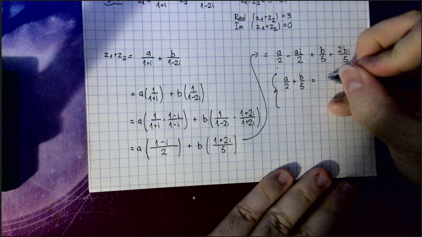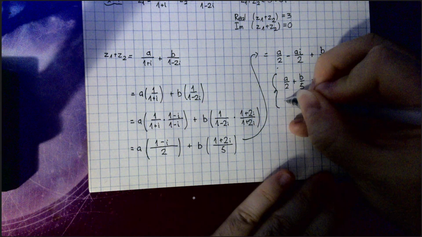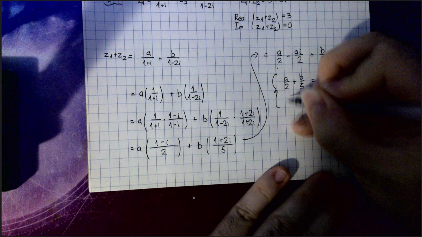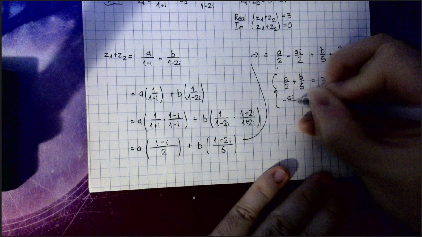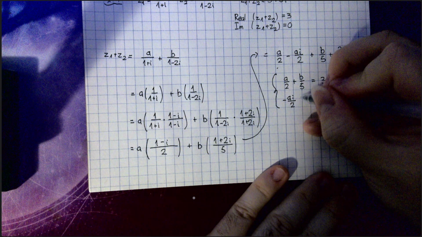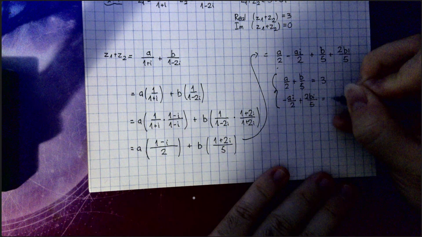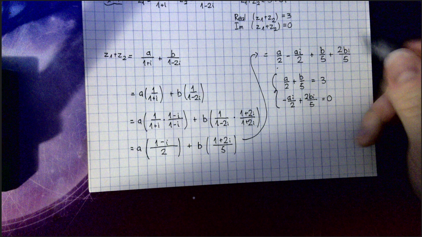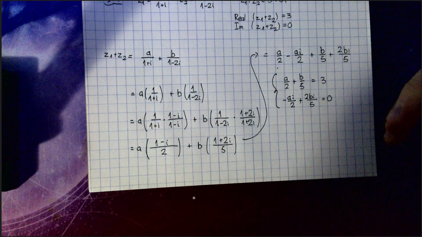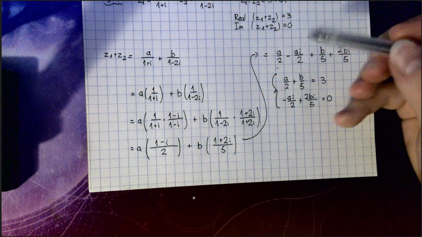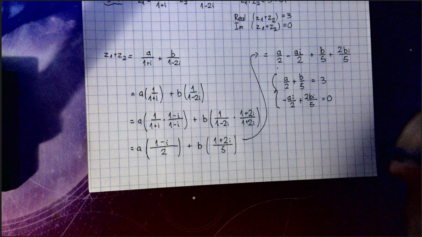The real component of my complex number, 3, and then down here I'm going to have, oh boy, minus, sorry, I'm confusing myself a little bit, I've lost my spot, minus ai plus 2bi over 5 will give me 0. But I don't really need to include the i anymore. I'm just writing this for now because the i is just our imaginary component. So in reality, this is just negative a over 2 plus 2b over 5 will give me 0. I don't need to keep writing the i.